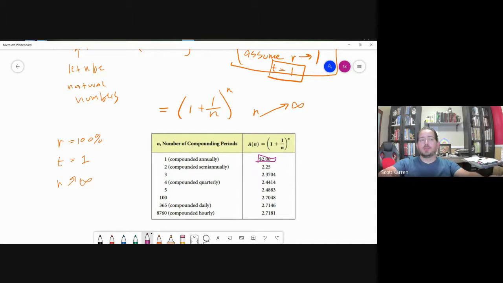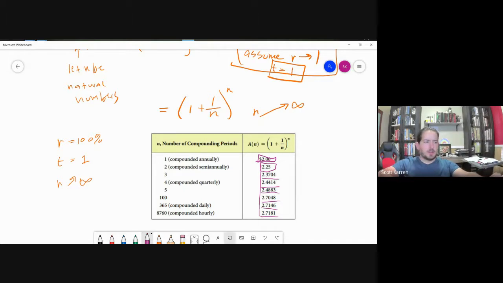But if we compound 2 times, I end up with an extra 25 cents, because I compounded, I got some money, and then we compounded again and I got interest on that. If we compound 3 times, we get a little bit more. If we compound 4 times, it's more. But you can see the difference between each of these is shrinking.